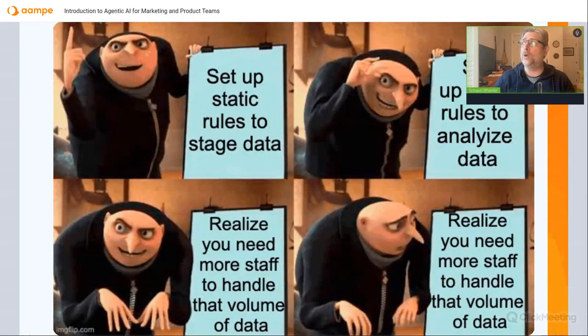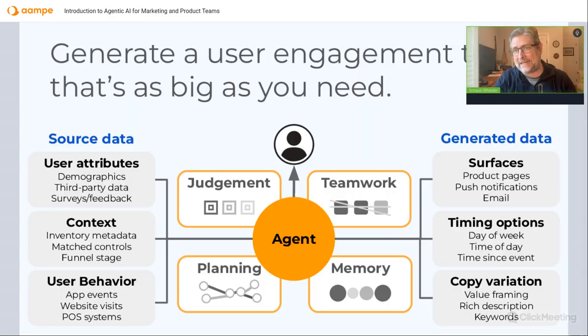There is no data science team big enough to actually create individual analyses for each individual user in your app. And even if there was, there is no CRM team big enough to be able to act on each individual pattern. It just doesn't happen. But that is exactly what you can do if you give agency to a synthetic agent.